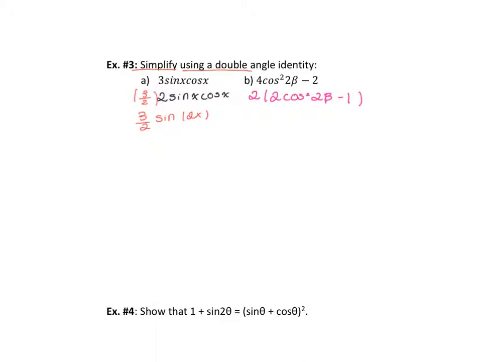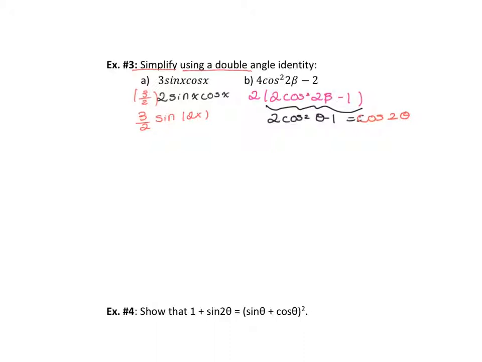Now, this looks an awfully lot like 2 cosine squared theta minus 1 is equal to cosine 2 theta. So we can't write alpha or beta interchangeably. You can.